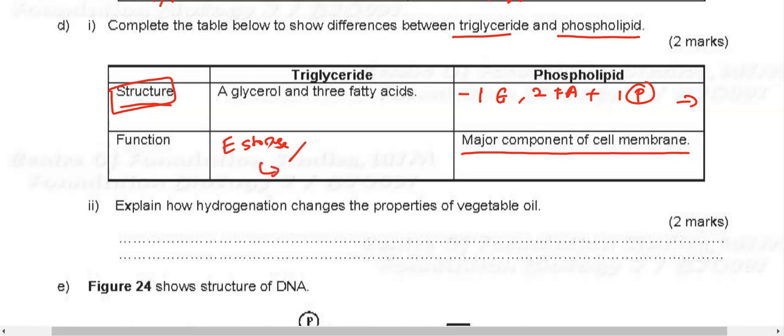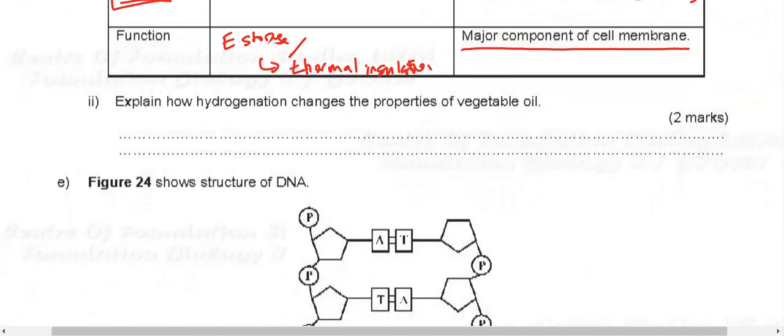Thermal insulation, like we saw in the previous question, animals that live in really cold environments, such as whales and walruses, have a thick layer of fat. We call it blubber. Okay, you can write your answer for triglyceride as thermal insulation for animals that live in really cold environments.